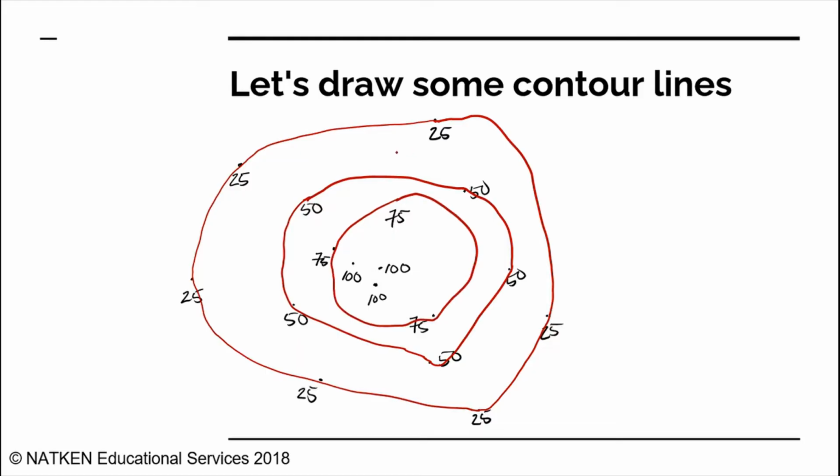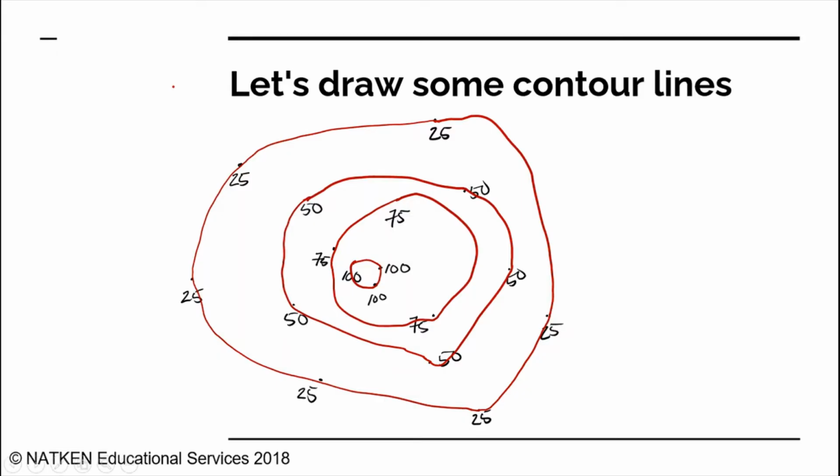So we have done 25, we have done 50, and we have done 75. So we have 100 left, and we just connect just the same. So from looking at that, you would have realized that we have joined our places of equal height just the same as any other contour line would be done. So we would have created our contour lines.